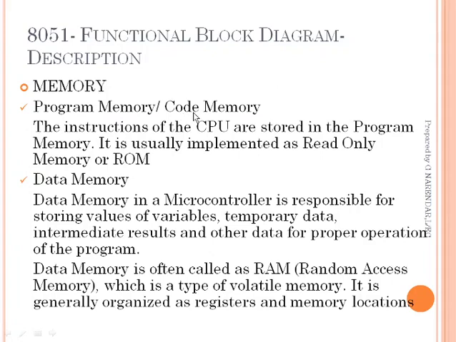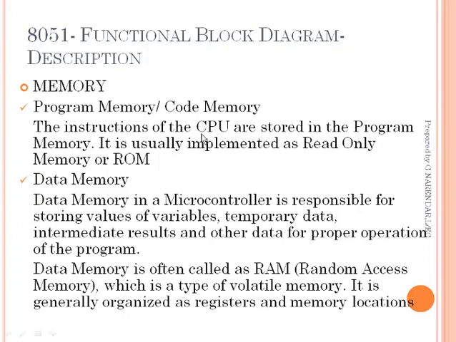So how much is this for your 8051? For the 8051 we have 4 kilobytes of ROM, or program memory, or code memory. What is the purpose of this program memory, or code memory, or on-chip ROM present in your 8051? It holds all the instructions of the CPU that we have given.